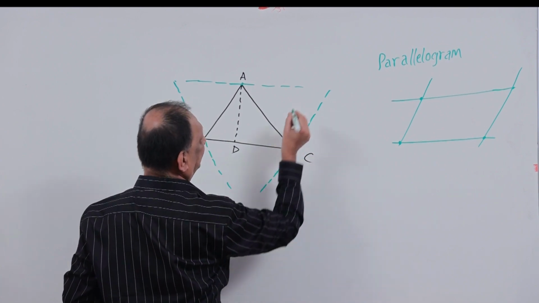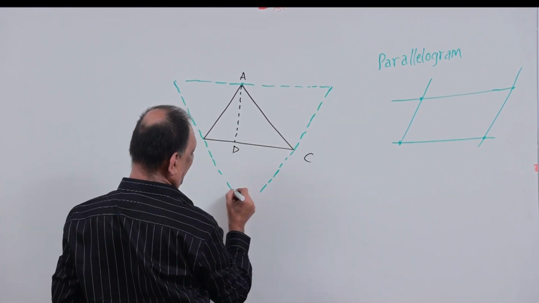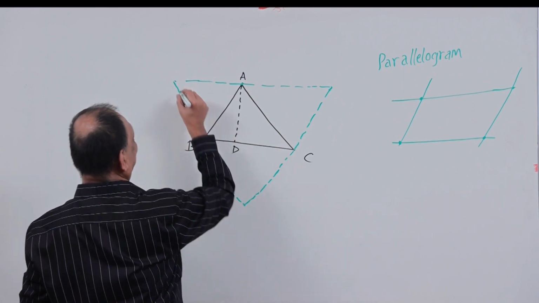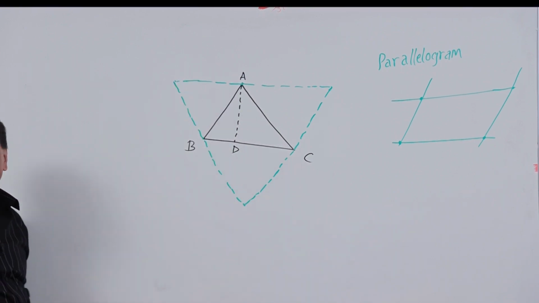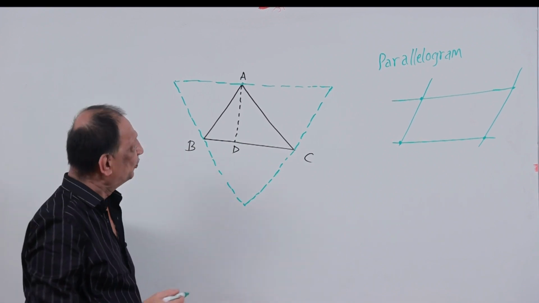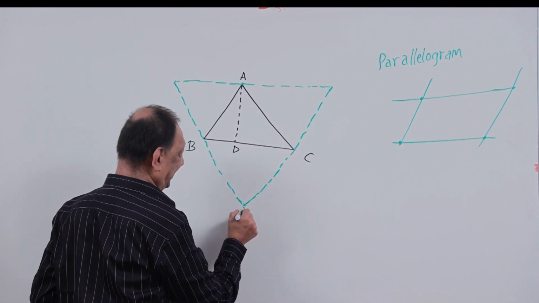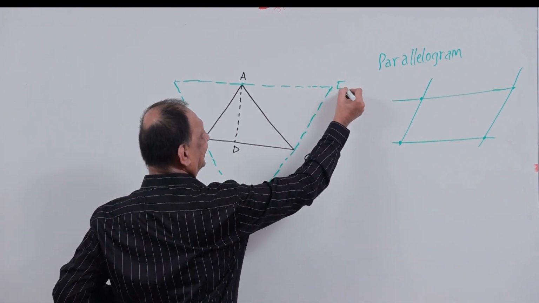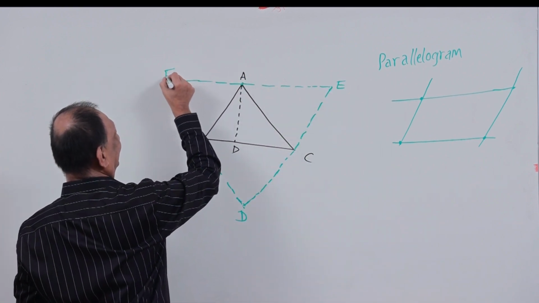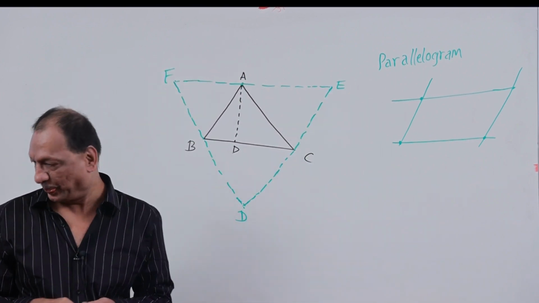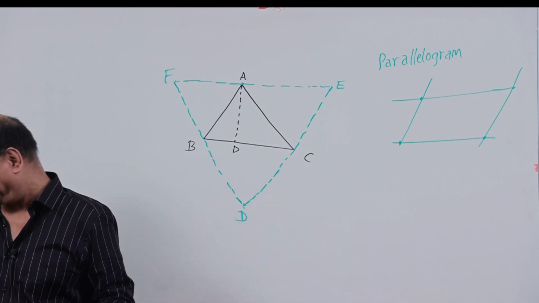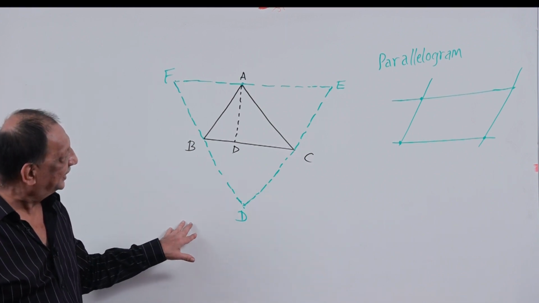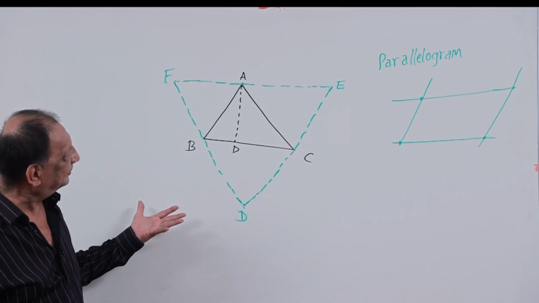So now I have drawn 3 lines, which of course are going to form a triangle, right? It's a much bigger triangle than ABC. I got a new triangle. As usual, we can call it D, E and F. Now, where are our parallelograms?